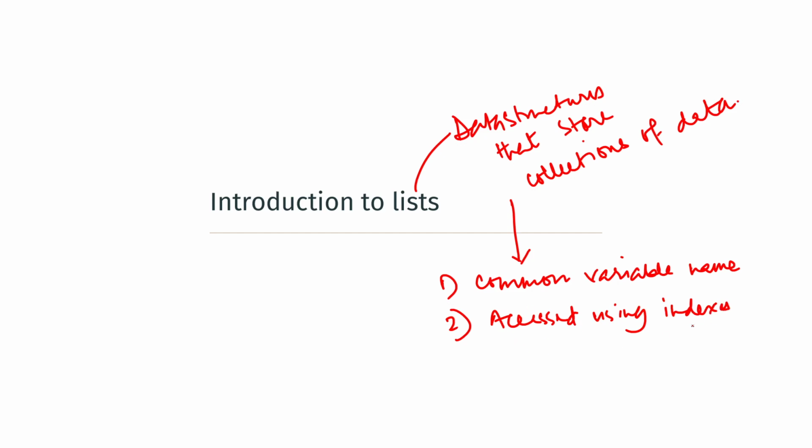right? And these indexes can be variables or expressions, which means the data can be accessed using a loop, right?